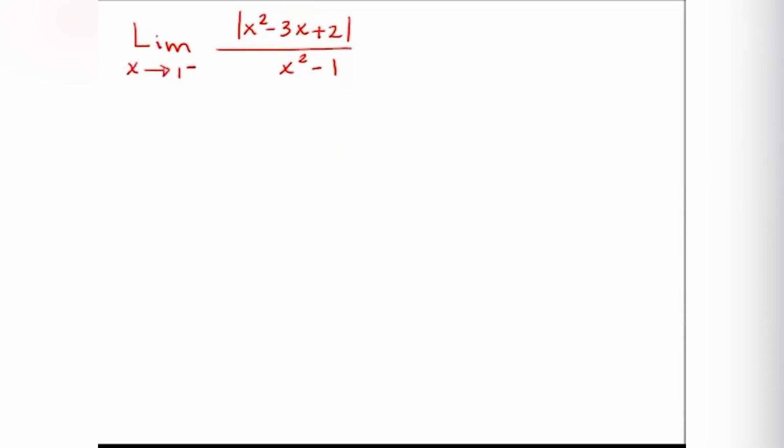In the following limit, as x goes to 1 from the left, we know the numerator is going to go to 1 squared minus 3 plus 2, and the denominator goes to 1 minus 1. So it is of the form 0 over 0. Well, to compute this limit, we factor.